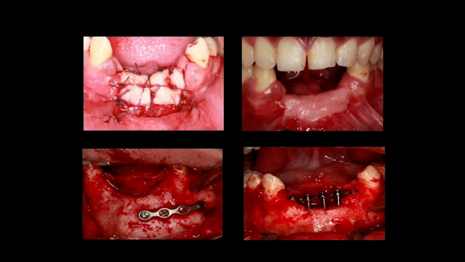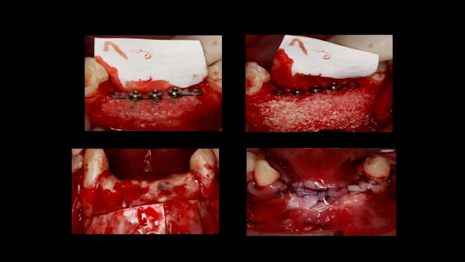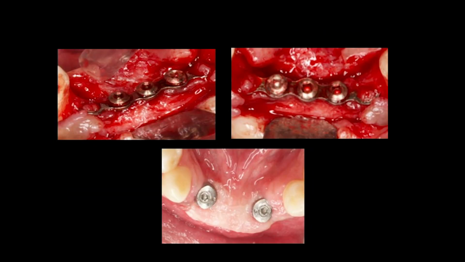After 8 weeks of healing, we opened the site, and then we used the fixation screw that was used to stabilize his mandible. I put it here, and then we put corticocancellous allograft under the tenting screws and the tenting chain, and we covered it with a double-layered resorbable collagen membrane, and then we closed it with a continuous and apical matrix suture.